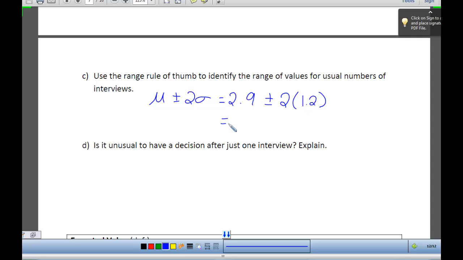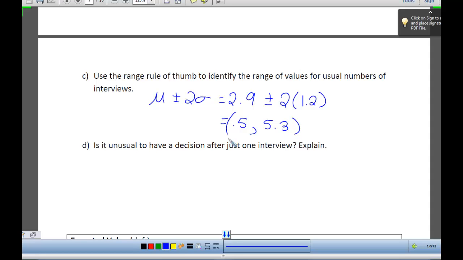So we'll do 2.9 minus 2.4, that's 0.5. And then 2.9 plus 2.4, 5.3. Okay, 0.5 to 5.3.